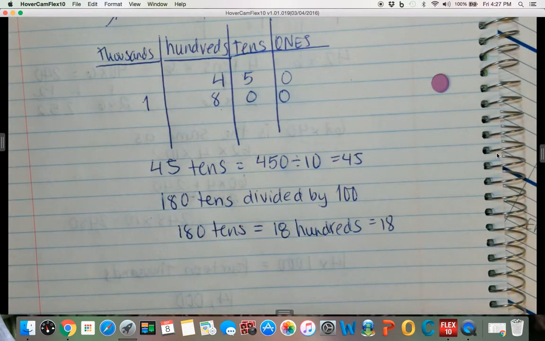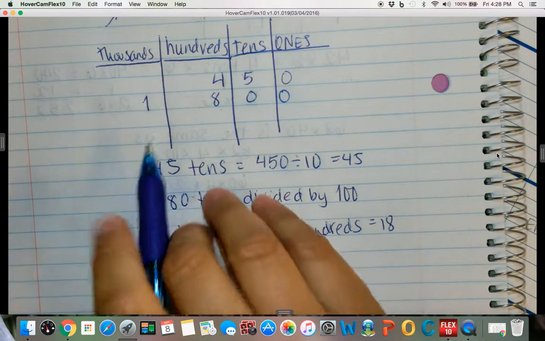Place value is kind of tricky, but the more you understand about place value, the easier it's going to be for you to understand decimals and fractions and the other side of the decimal, tenths, hundredths, thousandths.